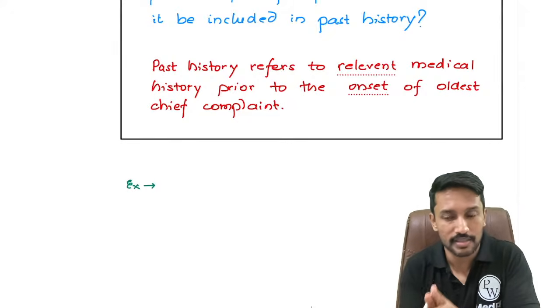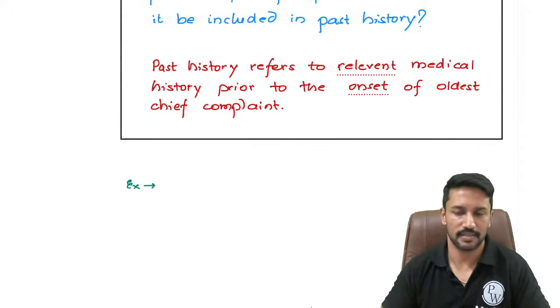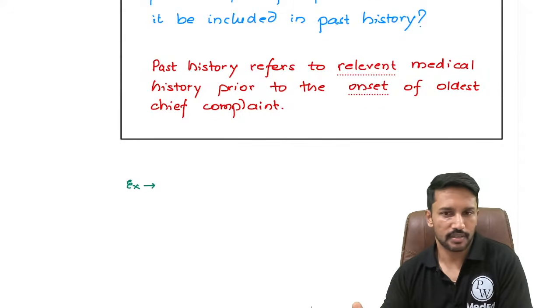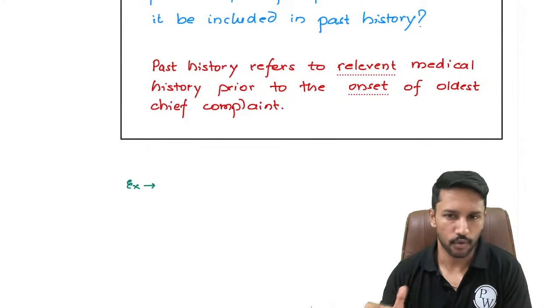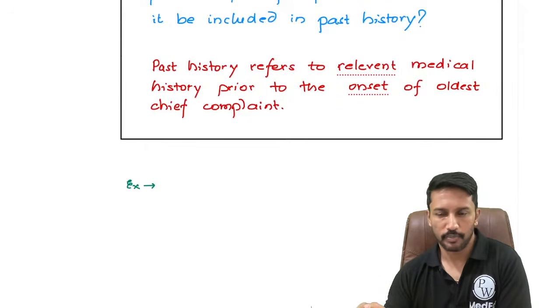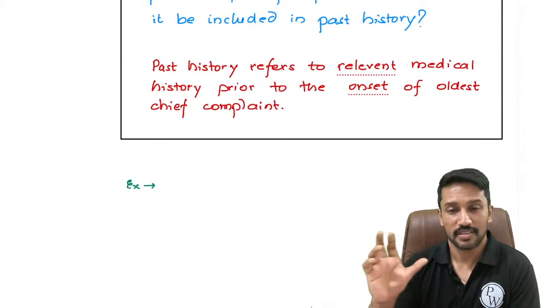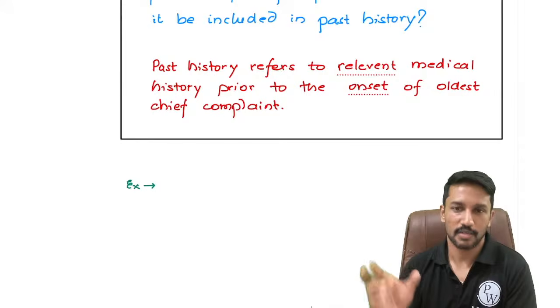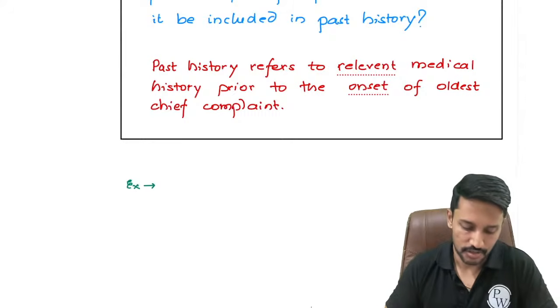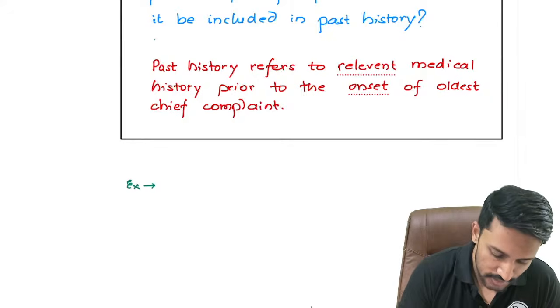So you will elaborate on this surgery in the history of present illness, saying that the patient presented to the hospital with 4 days of severe abdominal pain, and on evaluation, this was diagnosed, for which the patient has undergone this particular procedure. It becomes part of the present history.